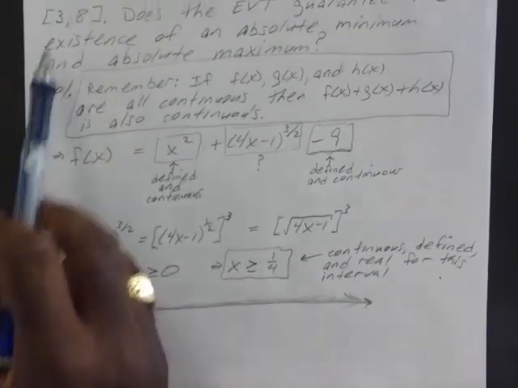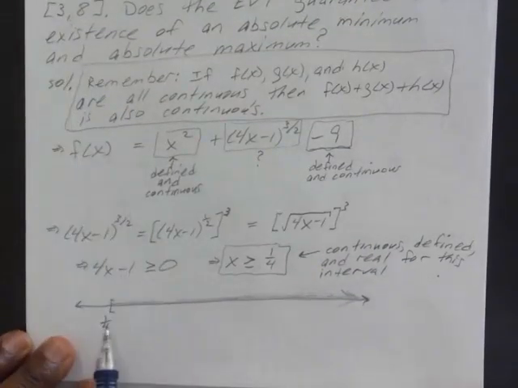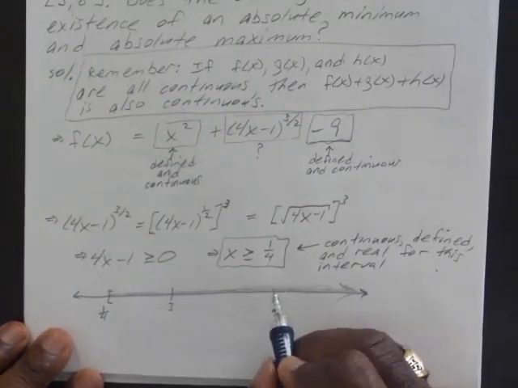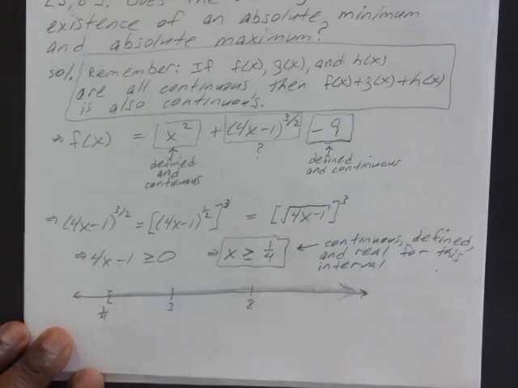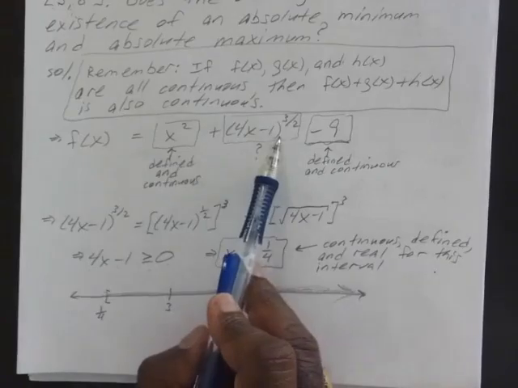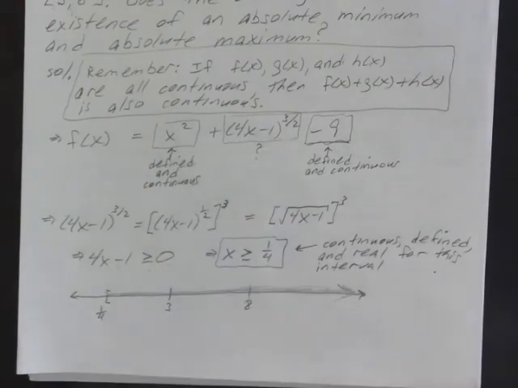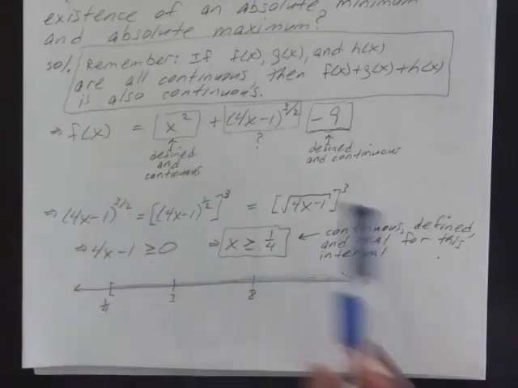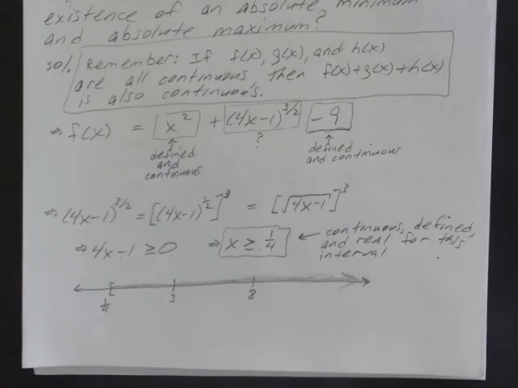So if we look at our interval from 3 to 8, well, this is 1/4. 3 could be somewhere over here, and 8 could be somewhere over here, which actually falls in that defined interval. So this middle term is actually defined and continuous. So we know that because all 3 terms are defined and continuous, the entire thing is defined and continuous.